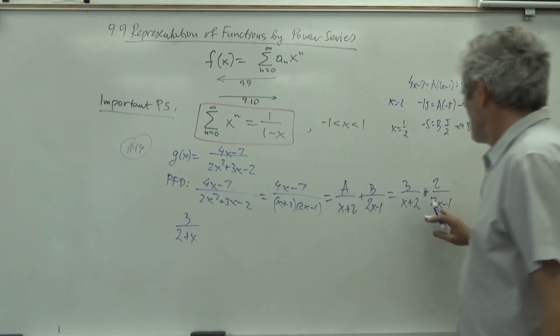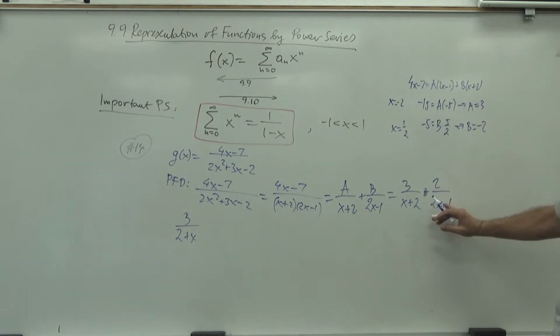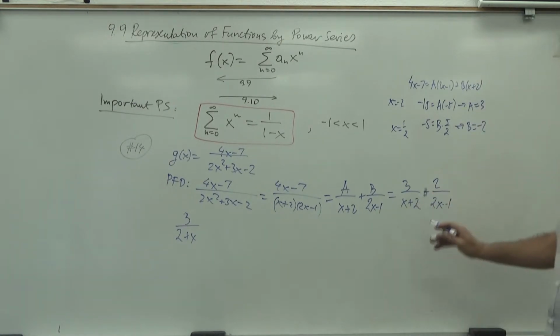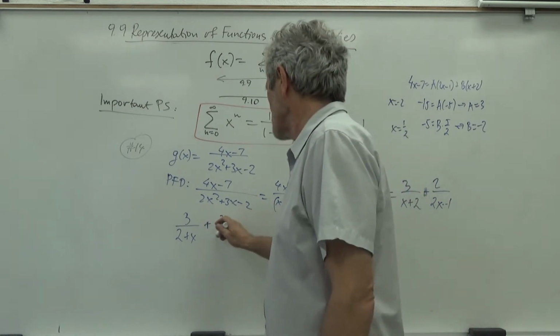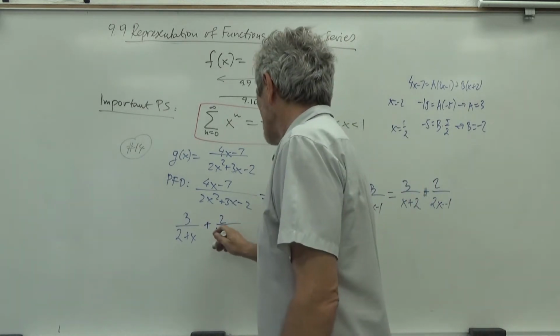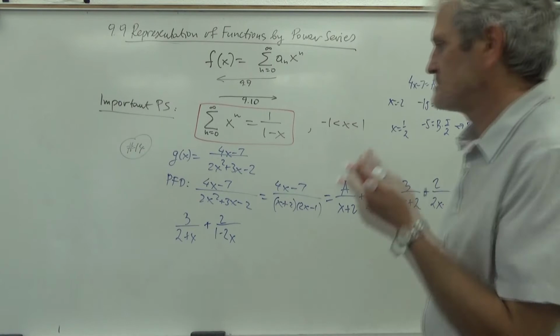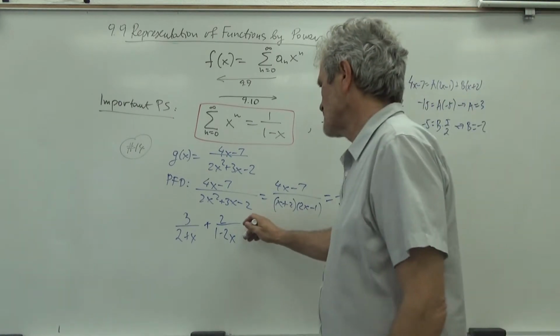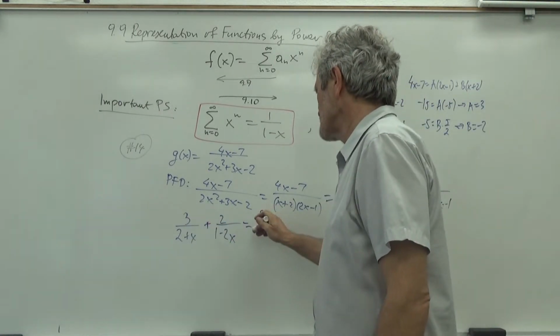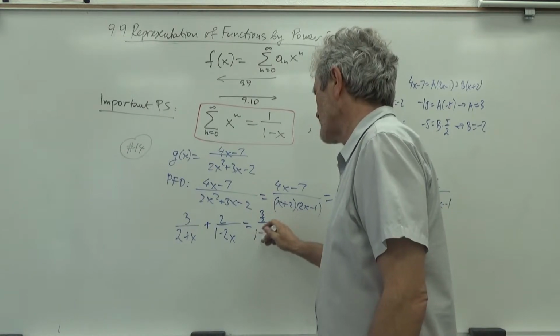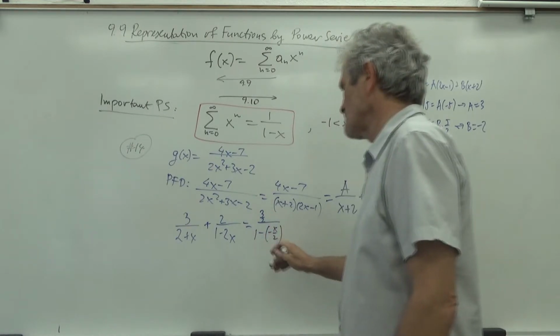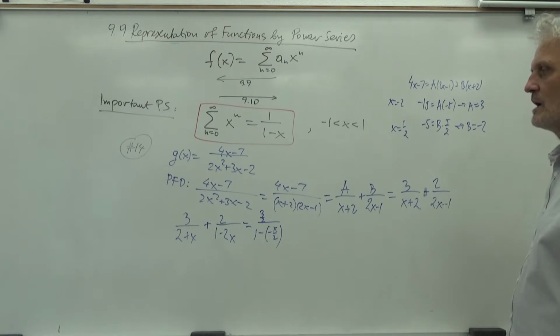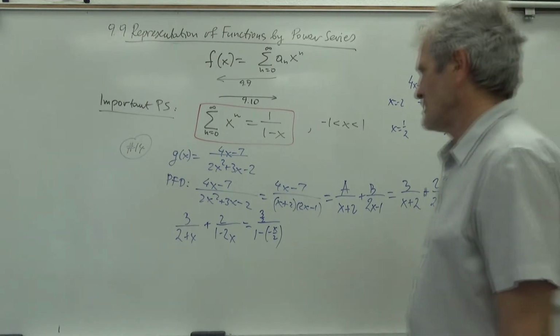And then, since I'd like to have plus 1 and not minus 1, I'll distribute this minus in the denominator. So I get plus 2 over (1 minus 2x). And then standard tricks. Here I divide by 2, so I get 3 halves over (1 minus negative x half), because we need that minus to call the formula, and we artificially made it there.